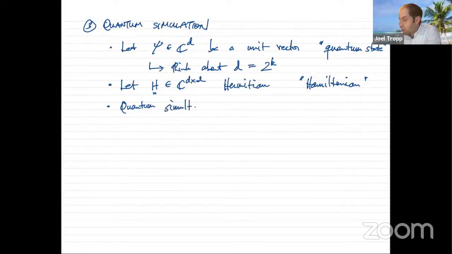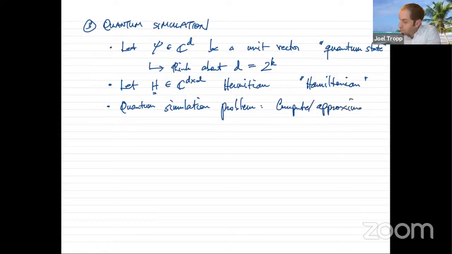So this is a problem in quantum dynamics. And the quantum simulation problem mathematically can be expressed as computing or approximating e to the i t H times psi, where t is a positive time parameter and i is the imaginary unit.